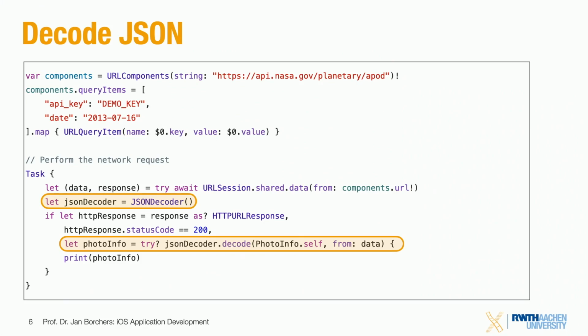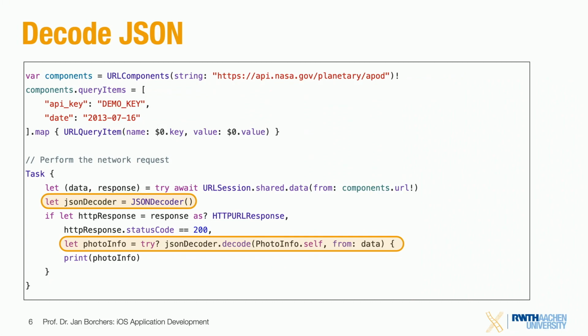And with this component set up, we start the URL session, and since that is an asynchronous call, we need to add the await keyword. And since it can also fail, we are also specifying here the try to signal, okay, this is something that might not work.